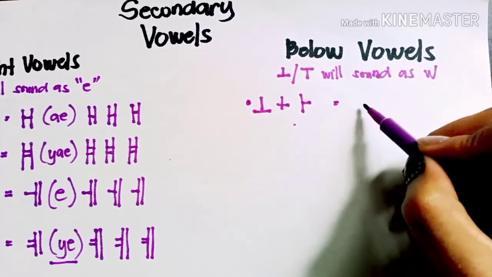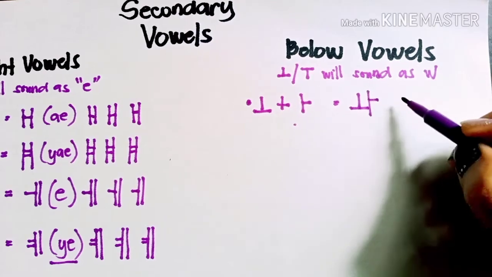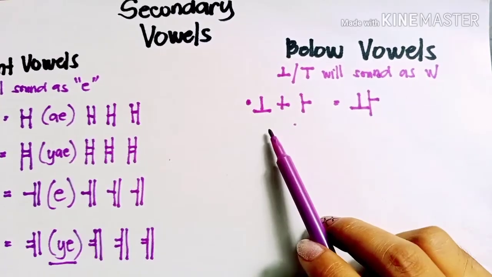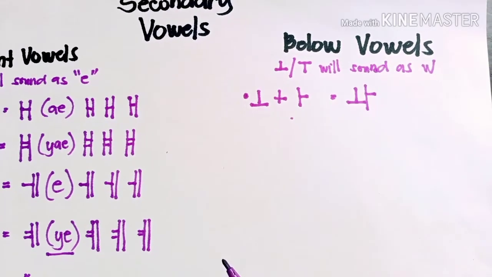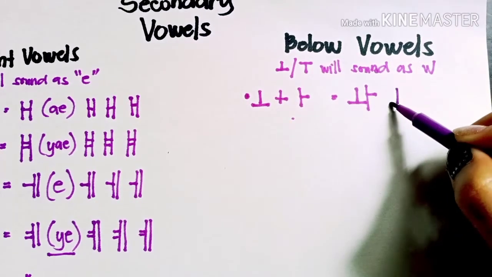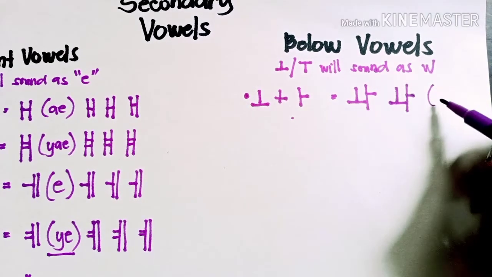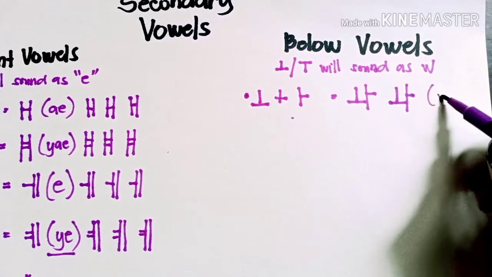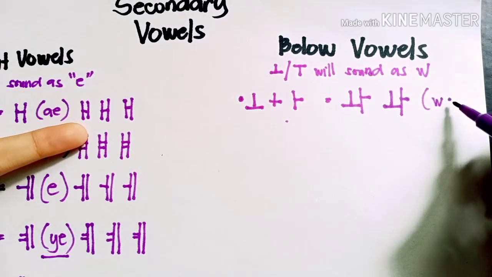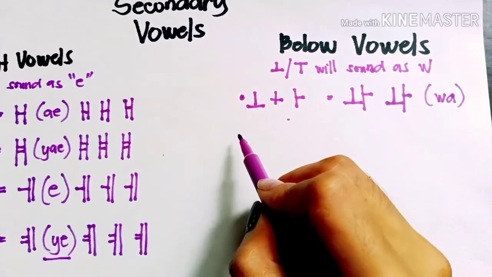It became Wa. The combination of the two vowels will become Wa. Again, Wa. It is the vowel Wa. So, another one.